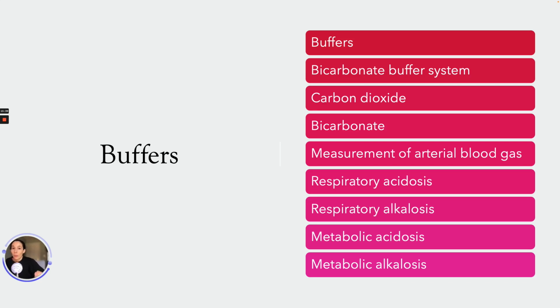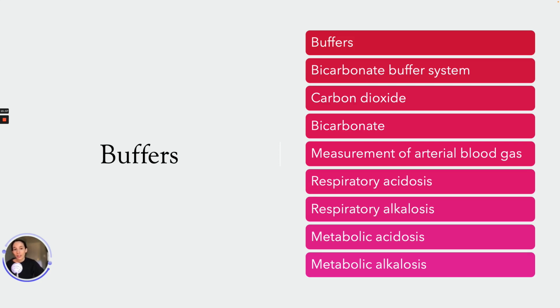So there's also buffers, and a buffer is a chemical system set up to resist change, particularly in hydrogen ion levels. There is the bicarbonate buffer system, so sodium bicarbonate and carbonic acid are the body's major chemical buffers.